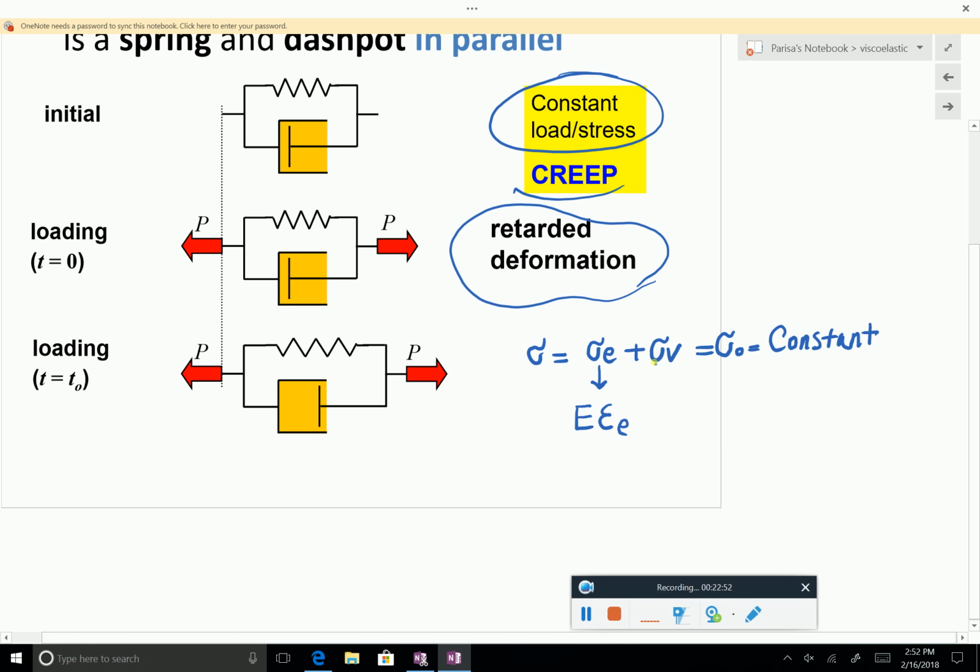Correct? For dashpot, it is lambda d epsilon V dt. And now we know that the summation is constant. But these are parallel. It means that the deformation has to be the same. So instead of saying epsilon E and epsilon V, we can just replace it by epsilon.